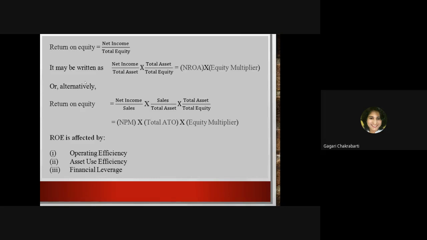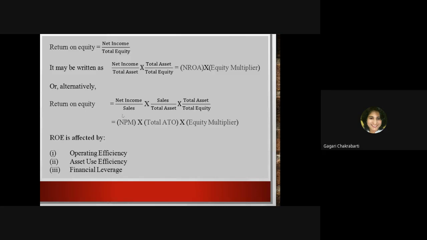Now, this return on equity, by simple manipulation, you can show that this return on equity can be expressed as the product of 3 ratios that have already been discussed. So net income by sales, into sales by total asset, into total asset by total equity.